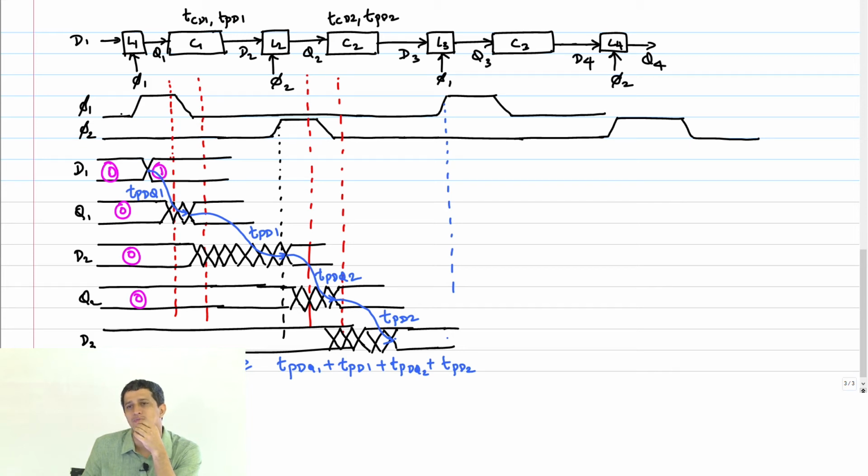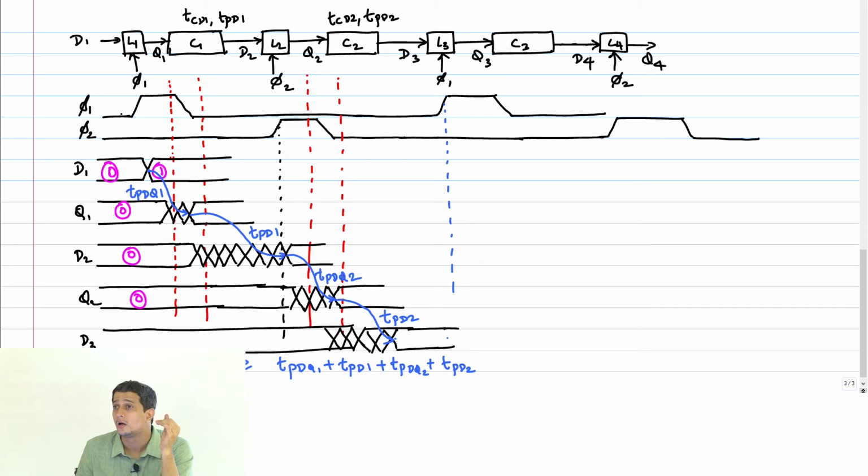So again the assumption is this thing changes just at the clock edge. See, if you don't want to borrow time, but it is TPDQ1, that's all. The delay is D to Q, not C to Q. That's the only thing. So it's just at the boundary for now.